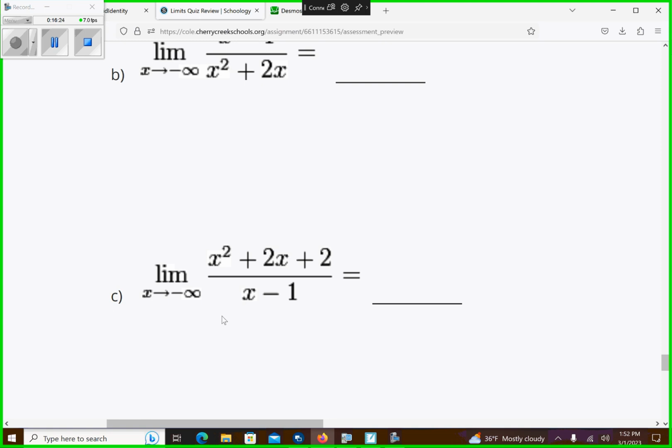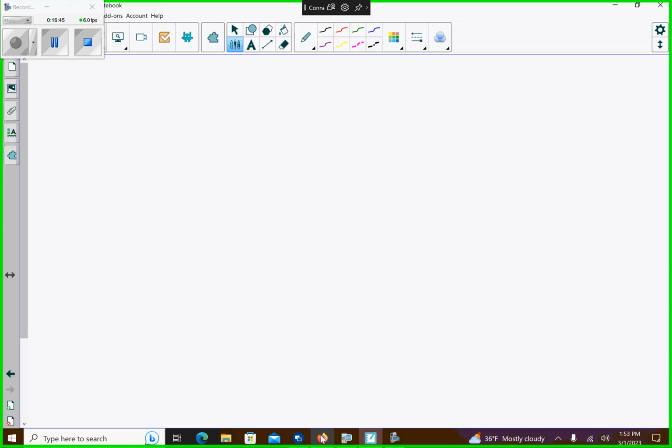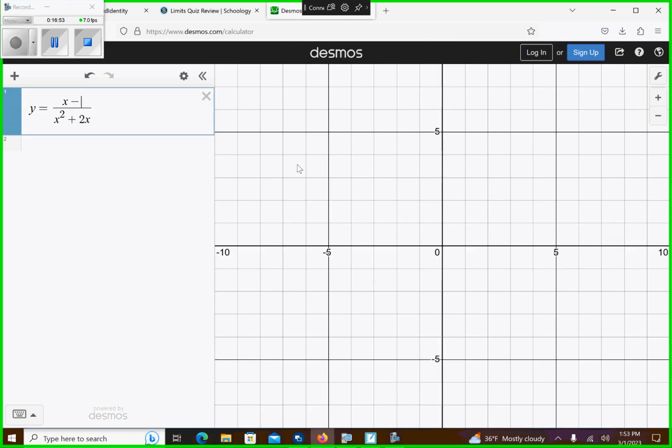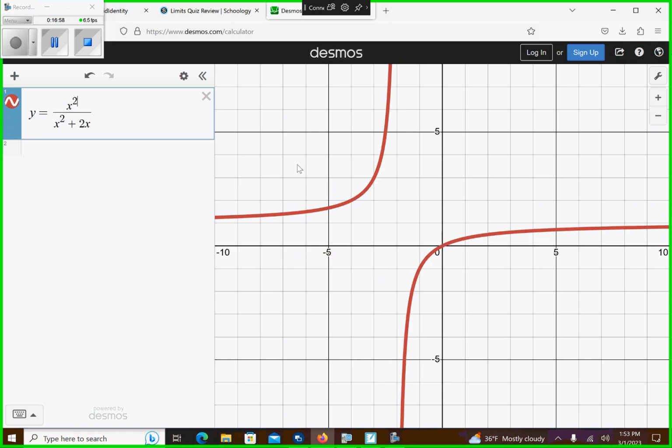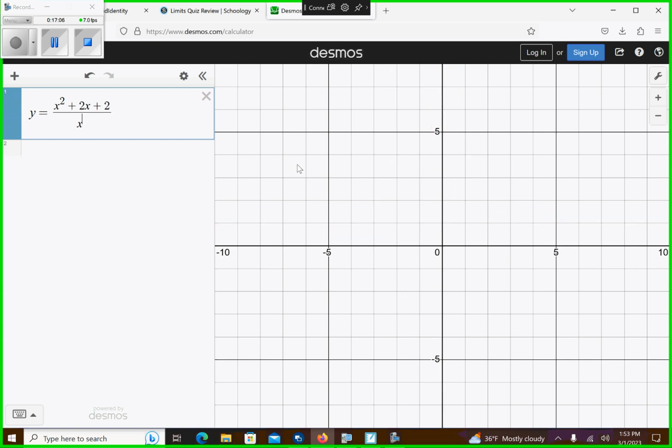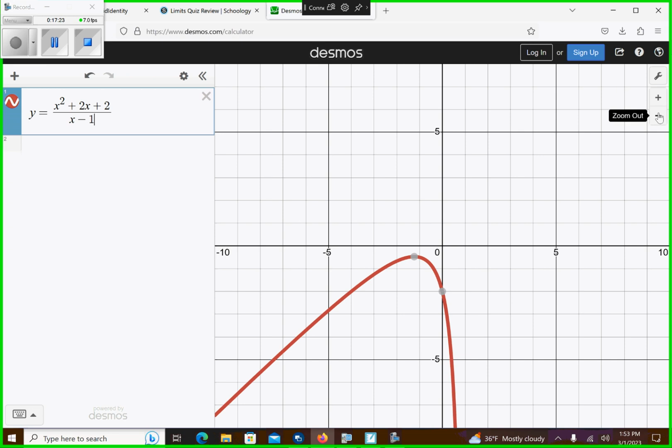If I plug in really big negative numbers on top... All right, friends, as we go to negative infinity on this one, I would say this graph is going to forever be heading on its way down.